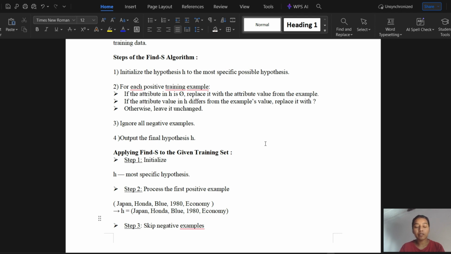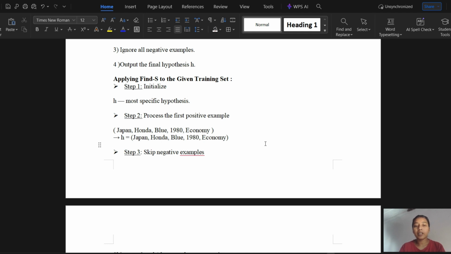Second, for each positive training example, first, if the attribute in H is theta, replace it with the attribute value from the example. Second, if the attribute value in H differs from the example's value, replace it with a question mark. Otherwise, leave it unchanged. Third, ignore all the negative examples. Fourth, output the final hypothesis H.